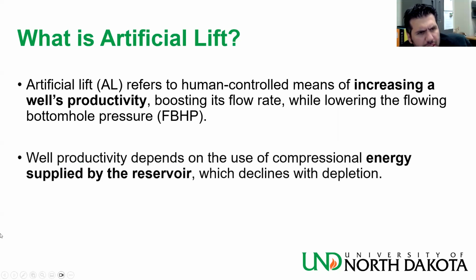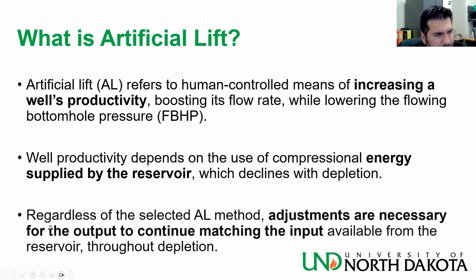Well productivity depends on the use of compressional energy supplied by the reservoir, which declines with depletion. So remember the IPR curve moves to the left and down. Productivity goes down. Less energy can be supplied by the reservoir. Regardless of the selected artificial lift method, adjustments are necessary for the output to continue matching the input available from the reservoir throughout depletion.